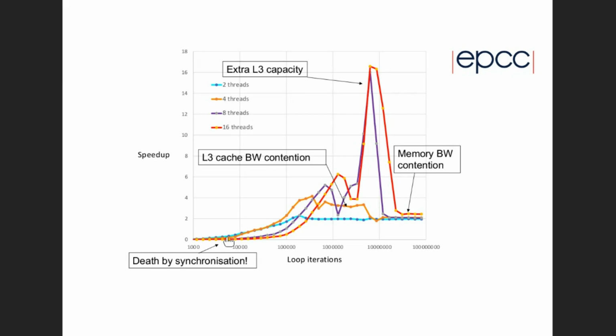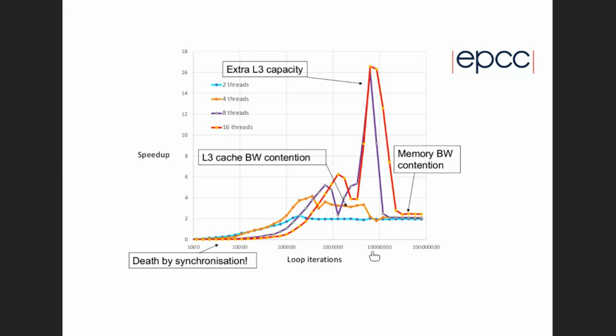If I go to 8 threads, I see some similar effects with some strange wobbles, but then I get a sudden massive increase in speed up here. That's because I have the extra L3 capacity. Compared with 1 thread, I have double the L3 capacity.